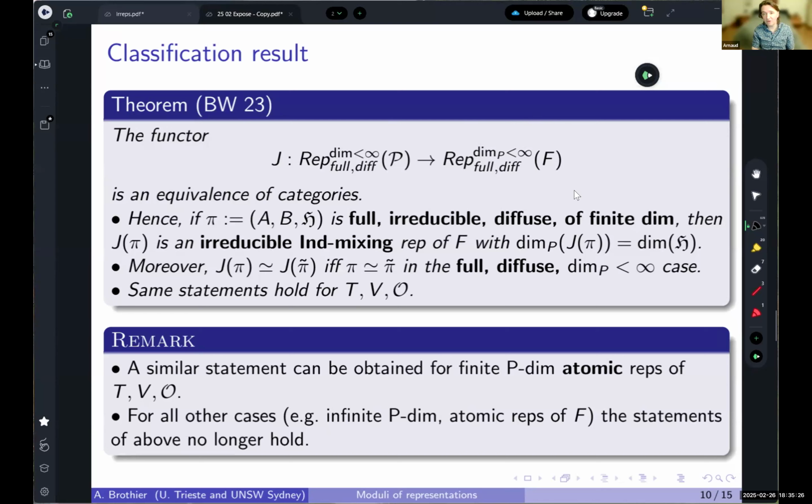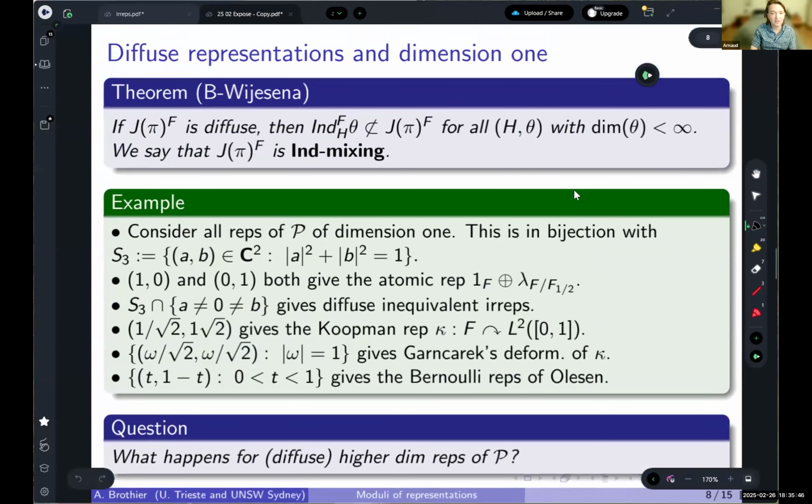This works very well for T, V, and O. If you want to do it for Thomson's group F, you just need to discard the bad ones. And the bad ones are the one-dimensional atomic ones that I showed you, possibly twisted by a phase.